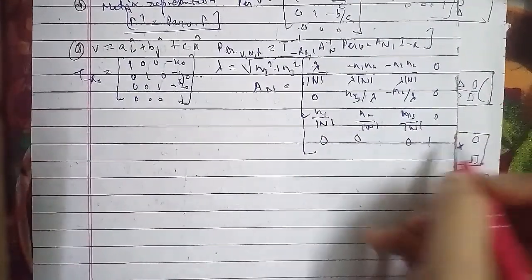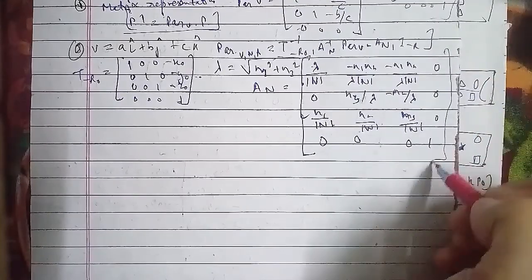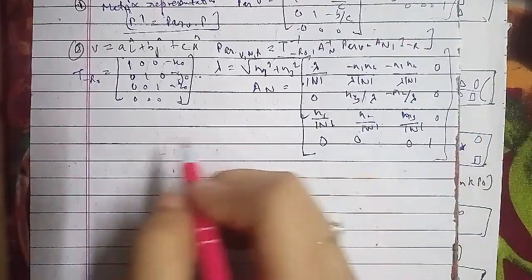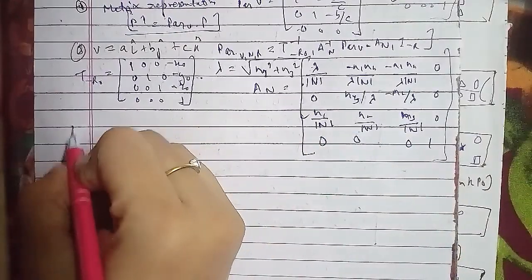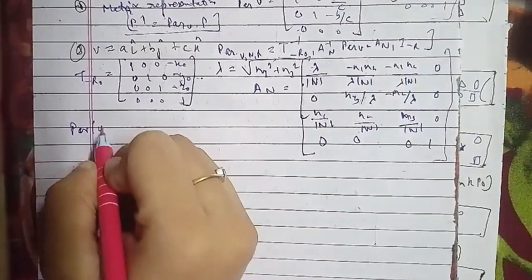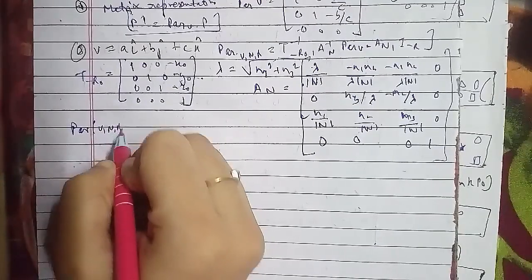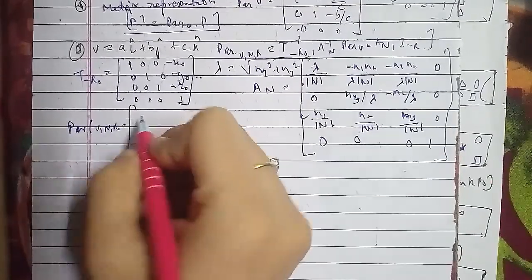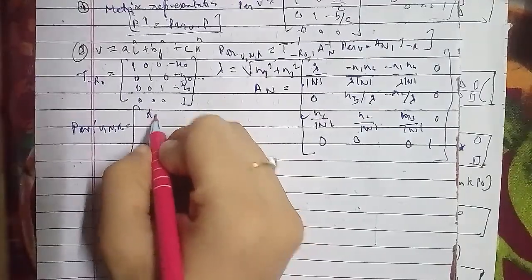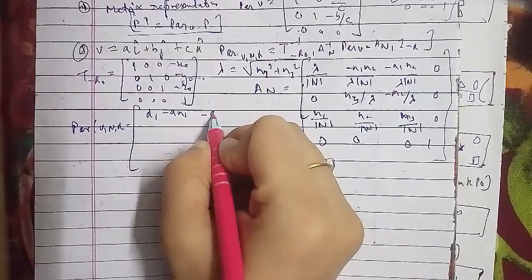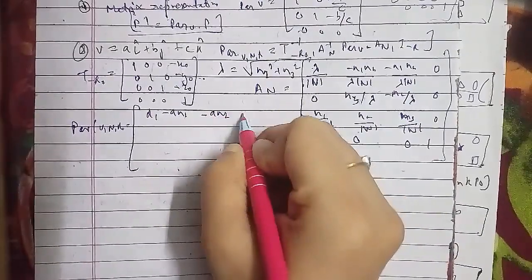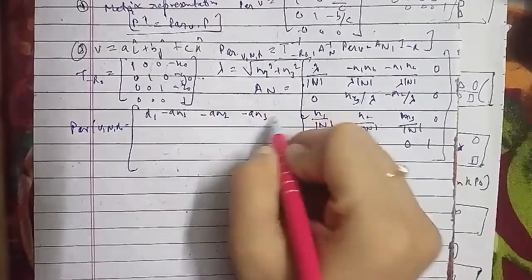So this is the matrix here. After multiplying, what we'll get is the form of the matrix, which is Par(n, r0), equal to: first row d1 minus an1, minus an2, minus an3, and ad0.